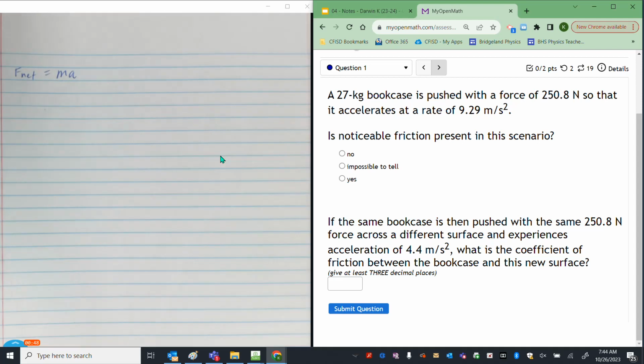You can solve for what acceleration you would get if there was no friction present. If there is friction present, that means my acceleration is smaller than that number. Or if I actually get 9.29, that means there wasn't any friction present, because I'm getting the number that I would expect based on that force and that mass.